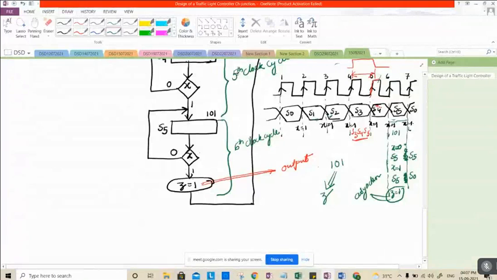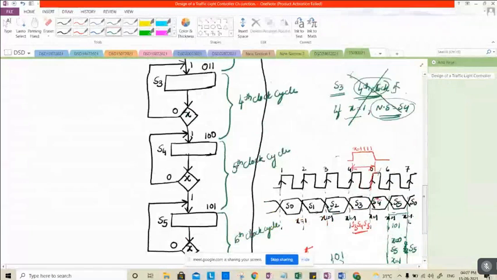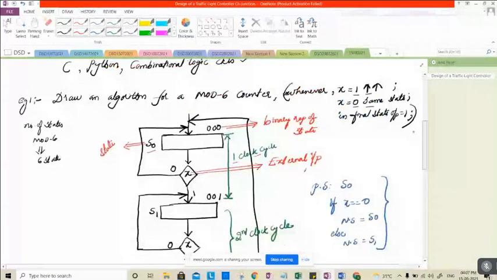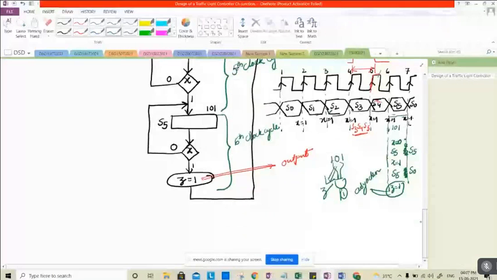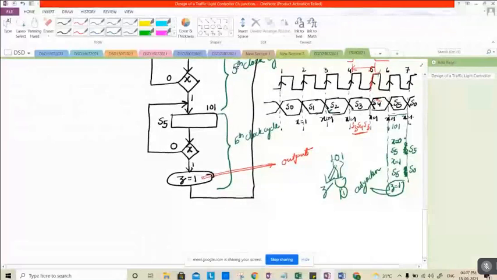Maybe z is a combination of an AND gate. Suppose you placed an AND gate with two inputs, 1 into 1 is equal to 1. For this AND gate we don't require any positive edge or negative edge, and hence in the same clock cycle, the value of z will be generated. We are talking about Mealy machines. So the z value outputs in Mealy machines are asynchronous.